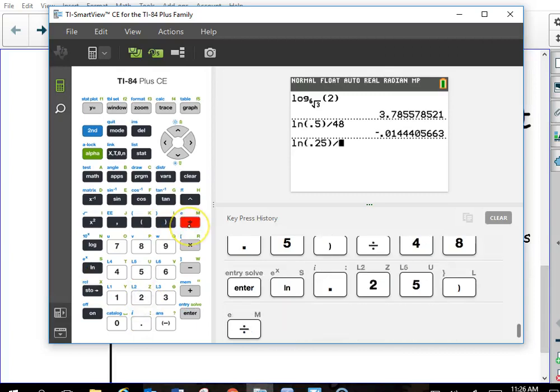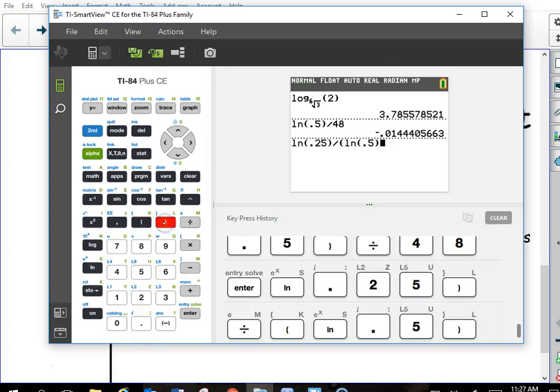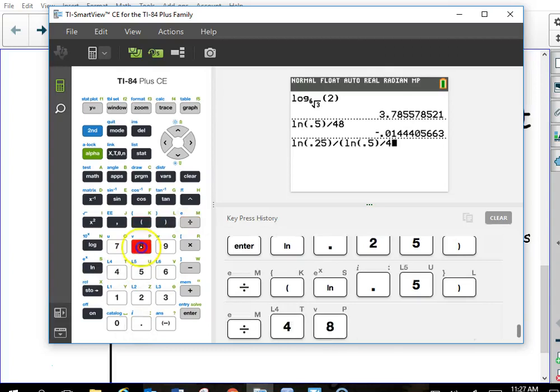Close that parentheses, put a division in. Put in a parentheses, ln 0.5, close the parentheses, and divide by 48. And now I have to close the parentheses on the division in the denominator to get the number 96. Well, no rounding at all.